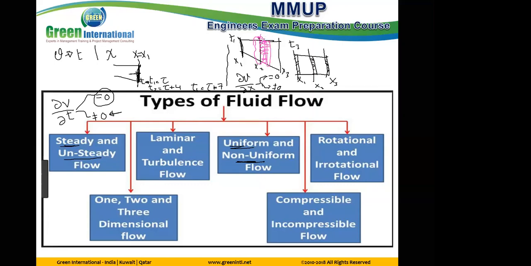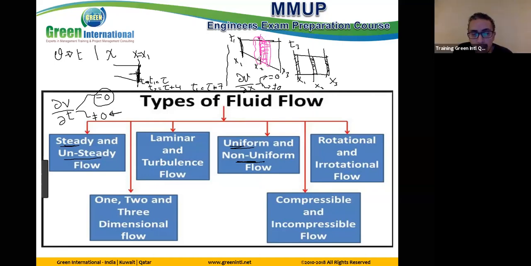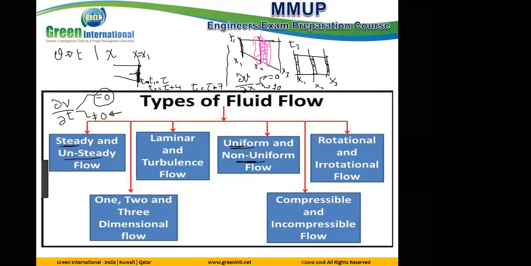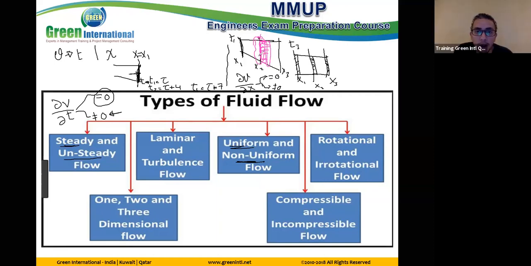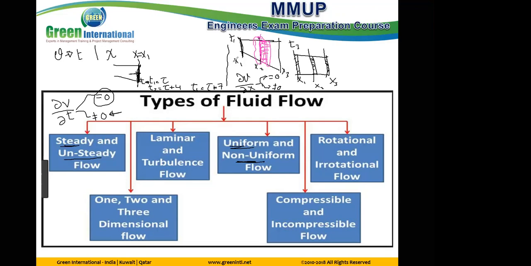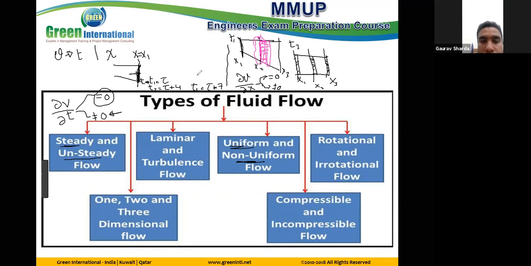On the same position, the velocity changed with time. The profile is not constant here at the same position with time. Maybe the flow is not continuous, maybe the flow decreases and increases, something like this. Okay? Clear?